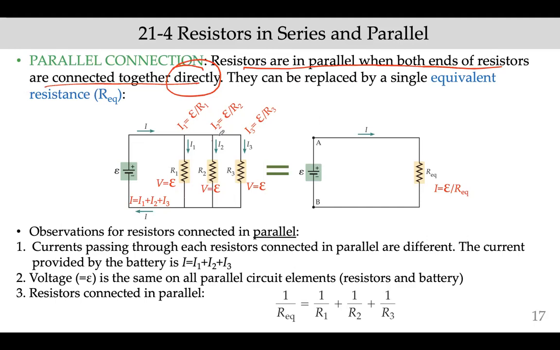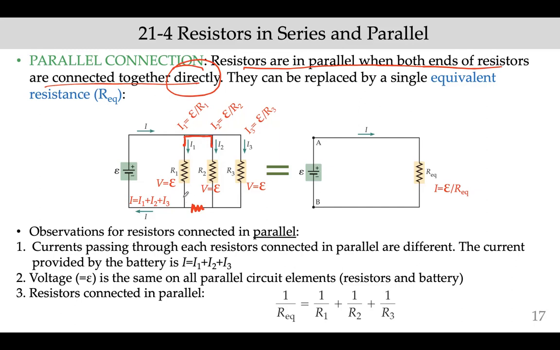So the ends are the same cable here, and here it's the same cable. So there's no circuit element in between. For example, if you put a resistor here, then these ends of R1 and R2 would not be connected directly.